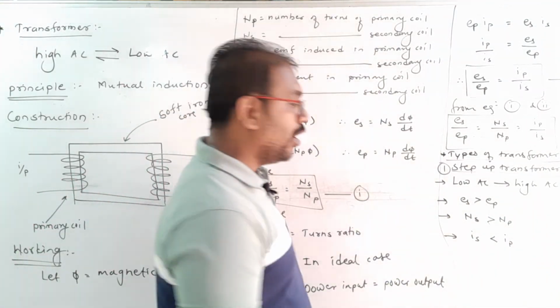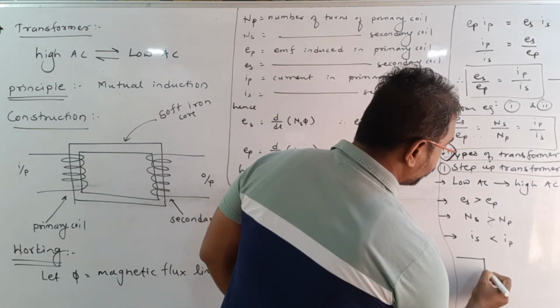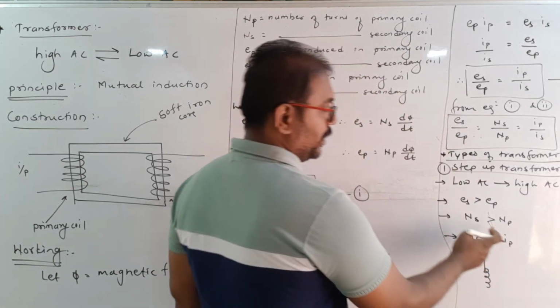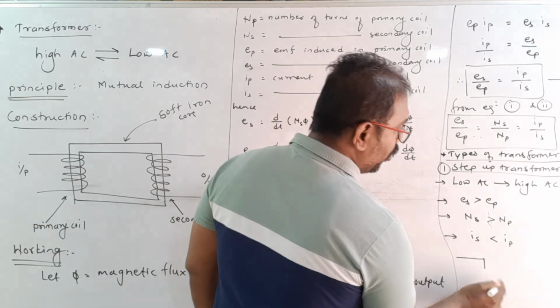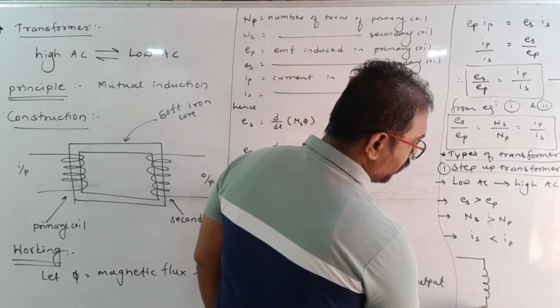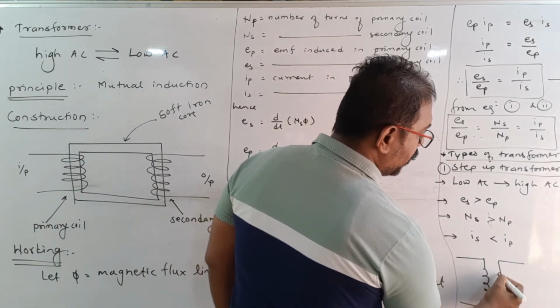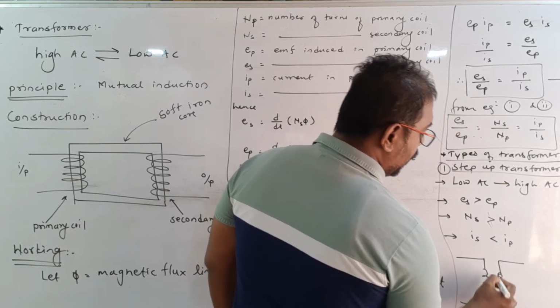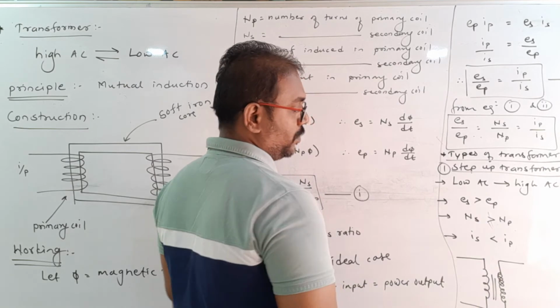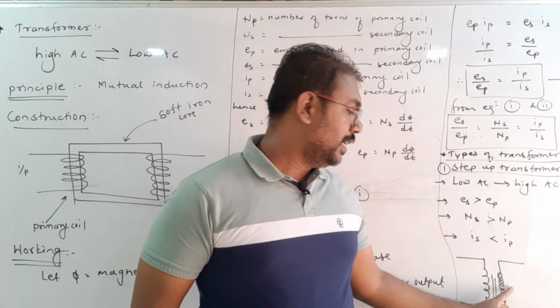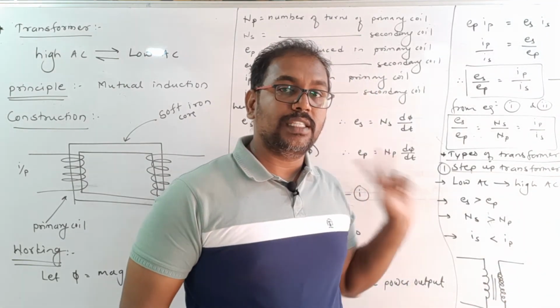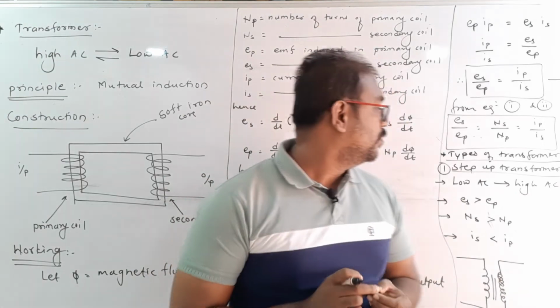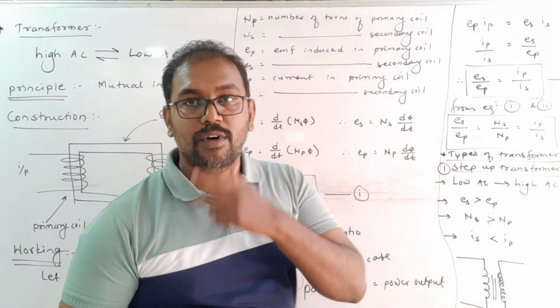We can draw the symbol of the step up transformer. The number of turns of the secondary we have to show more. These two lines mean the core of the transformer. The secondary has more turns as compared to the primary. So this is the symbol of the step up transformer.